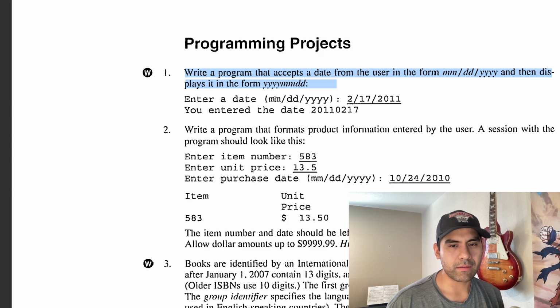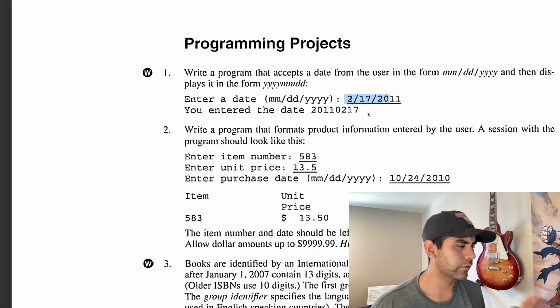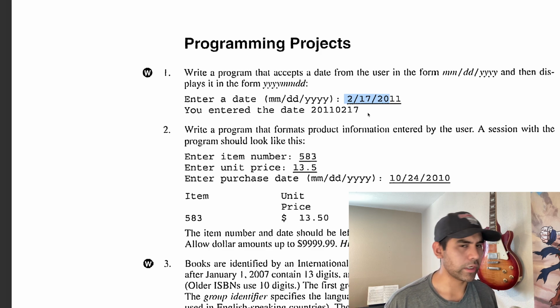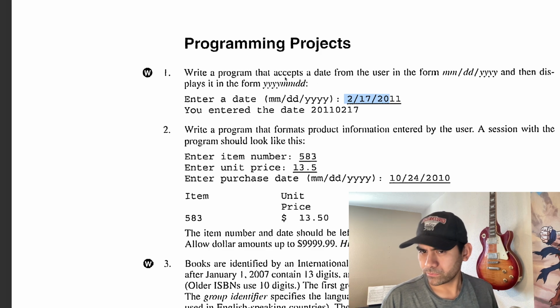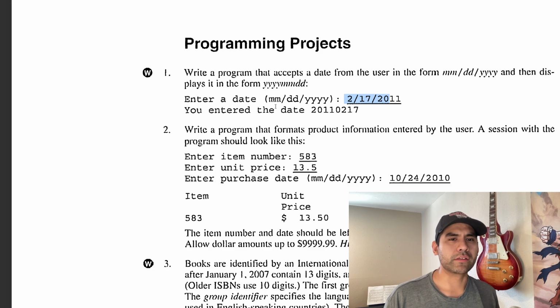Enter a date, MM/DD/YYYY. They enter 2/17/2011. You entered the date 2011-02-17. This shouldn't take me that long. It's not that hard, it's just input and output, right? All right, let's get started.